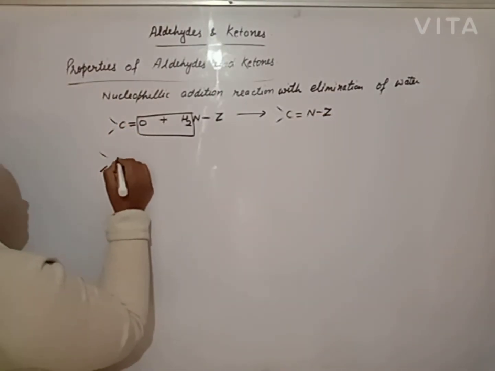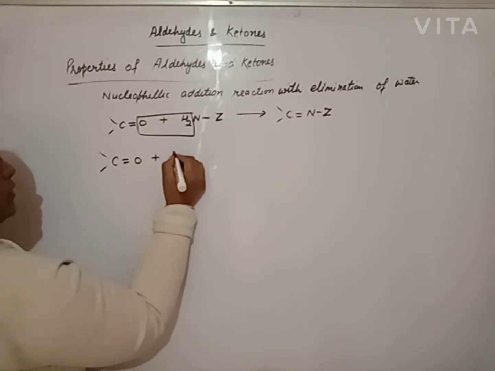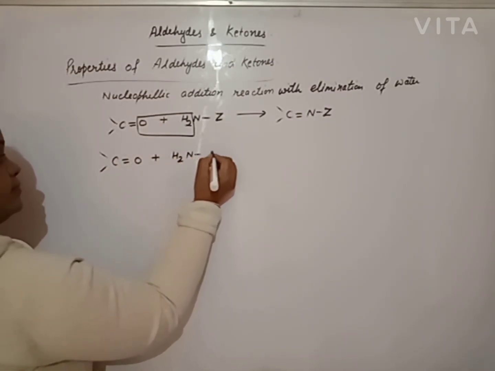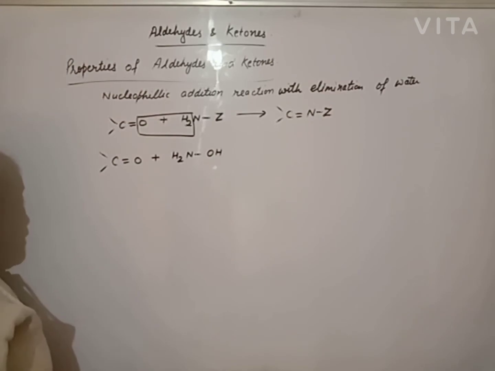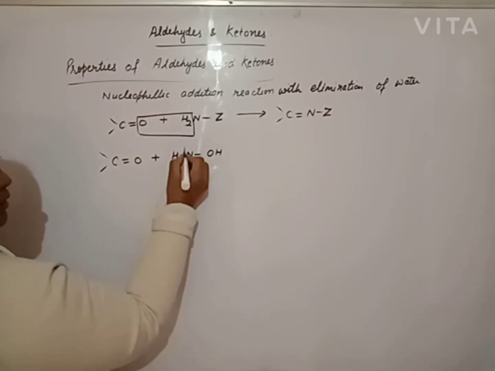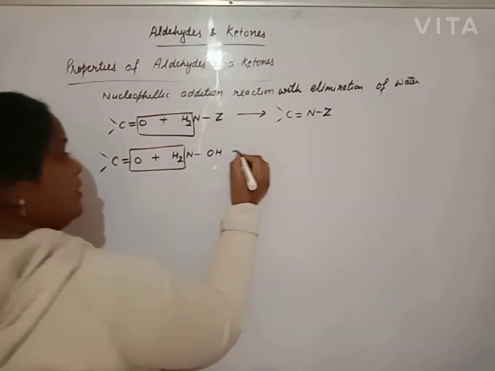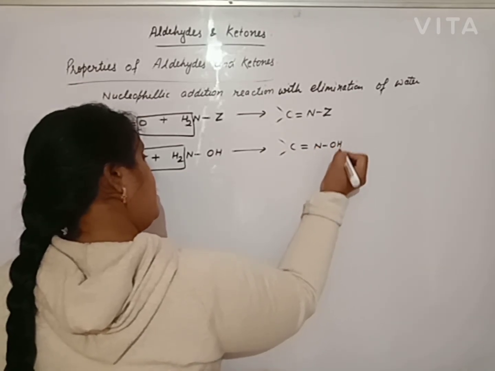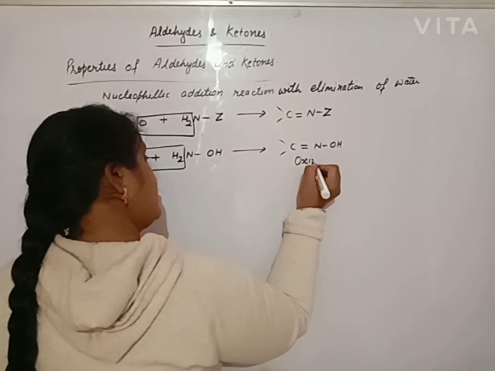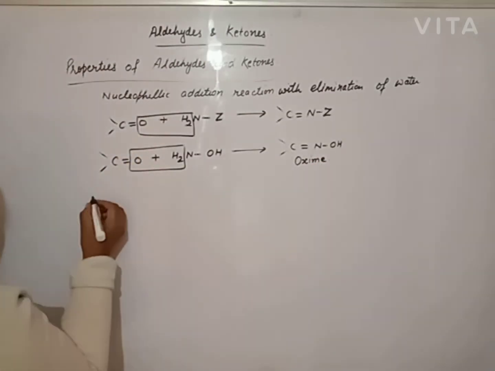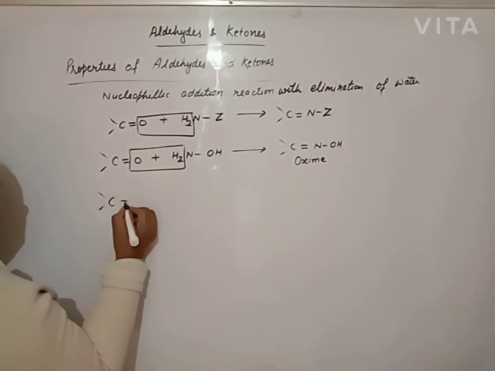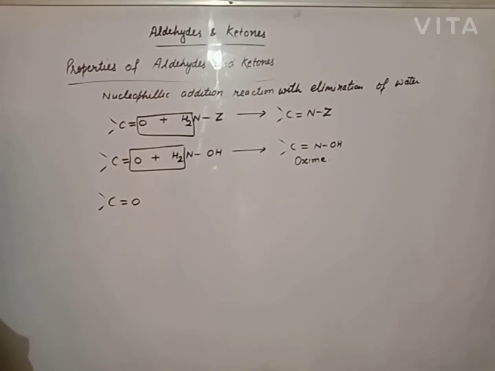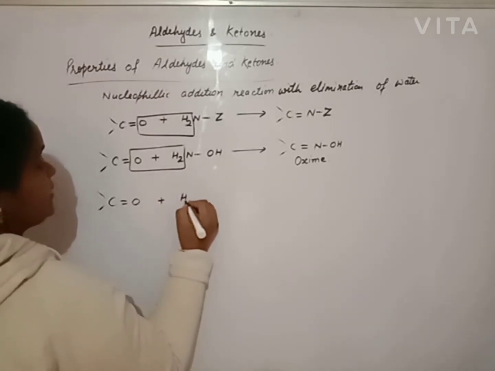On this basis, we have a number of reactions. First, reaction with hydroxylamine. As usual, water is removed and we will get an oxime. Clear? Another similar reaction is the reaction with hydrazine.